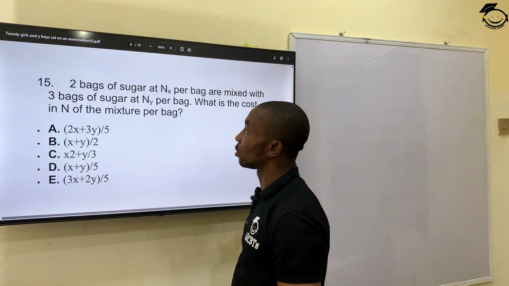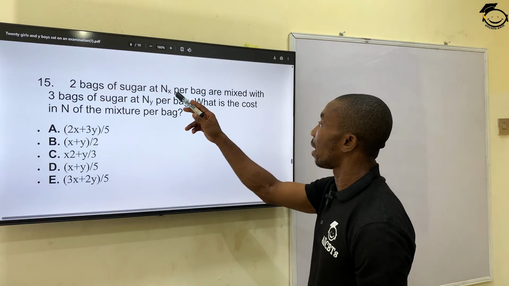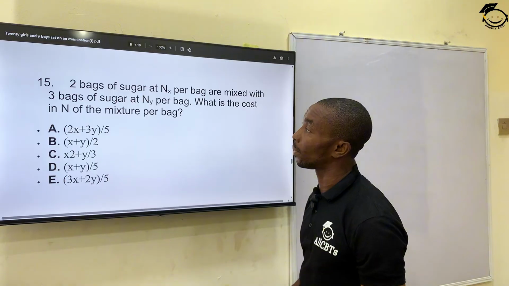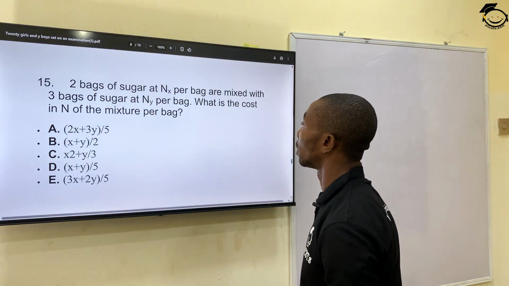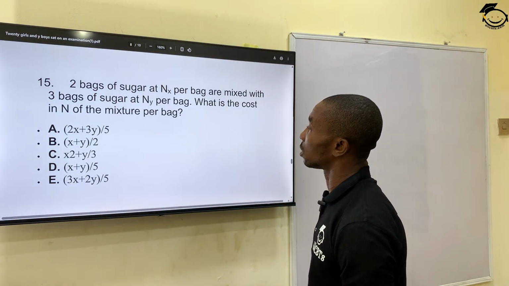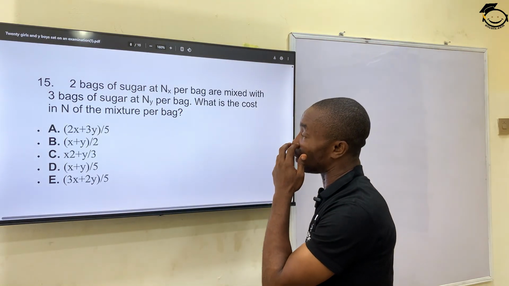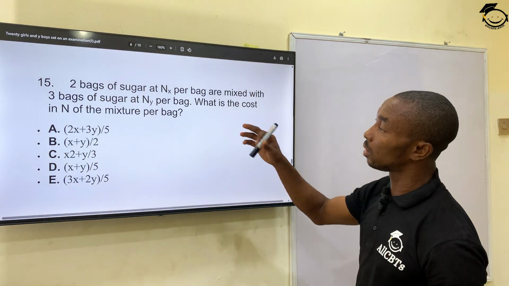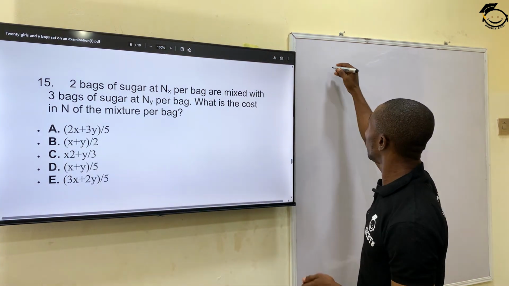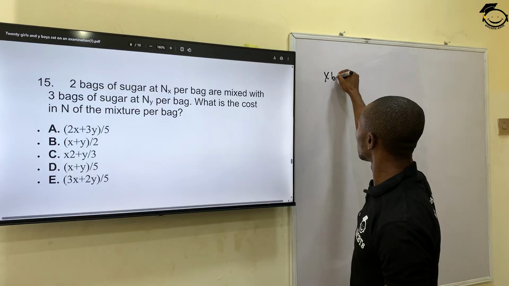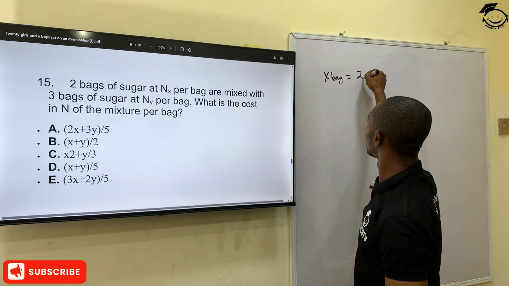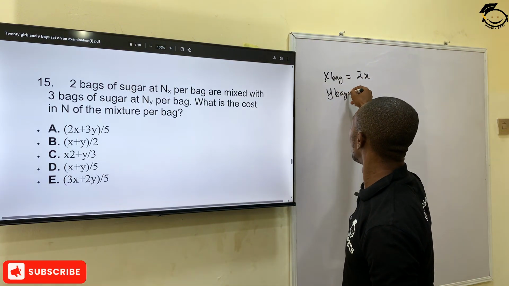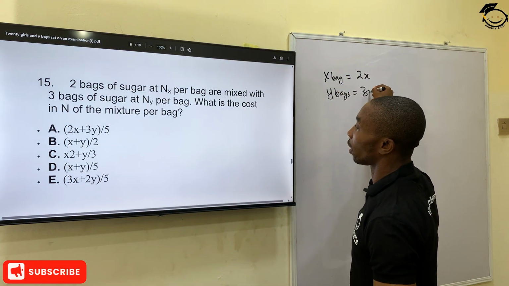2 bags of sugar at X naira per bag are mixed with 3 bags of sugar at Y naira per bag. What is the cost in naira of the mixture per bag? Now, to find the cost in naira, for the X bags, we will have it as 2x, and for the Y bags, we have it as 3y.